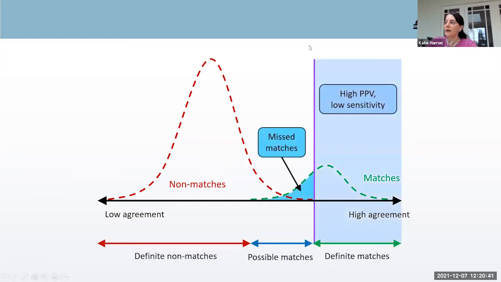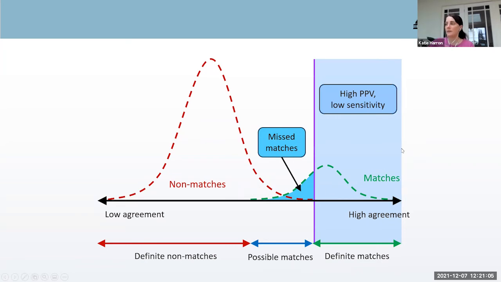So if we have a relatively high threshold, then this means that our linkage has higher positive predictive value. We're more certain that the links that we've made really are true matches, but we accept that we will have missed some of the true matches as well.